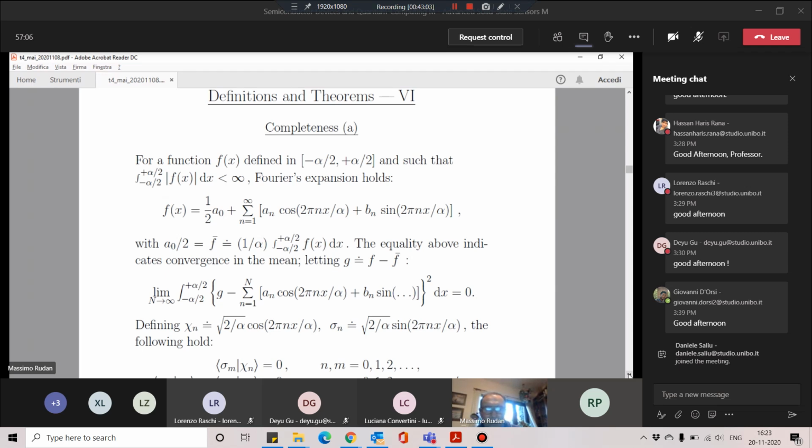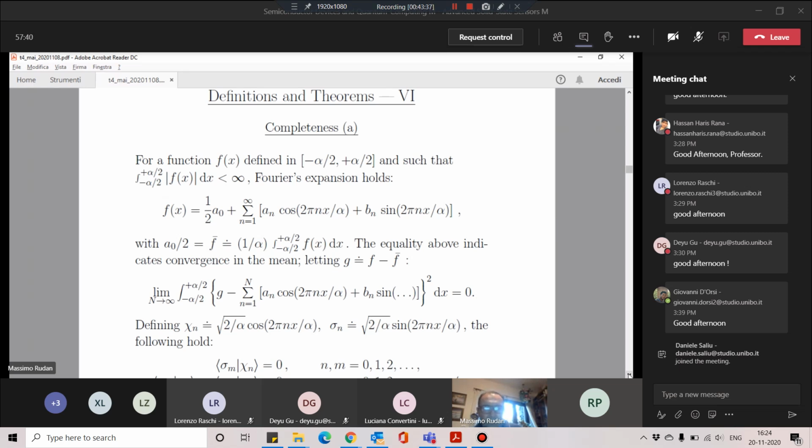Okay, you know that the Fourier expansion is based on sine and cosine. And qualitatively, you tell that sines and cosines of a suitable argument can be used to reconstruct a function, okay, by a series. So they are complete. Okay, so we are now going to better specify the meaning of completeness.